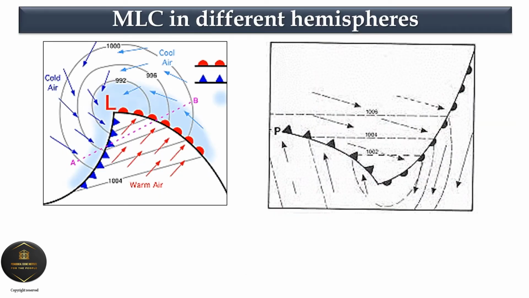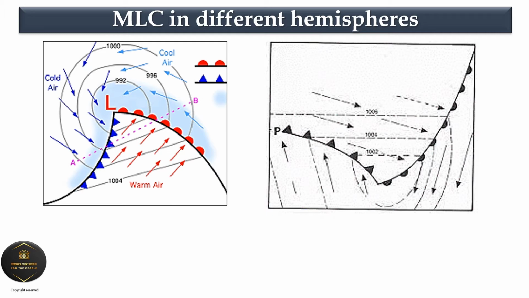Before we think about conditions associated with the system, we need to go back a bit to what we discussed in the previous session. We talked about where you would find this system forming, and we said the system will form between 30 and 60 degrees, both north and south.